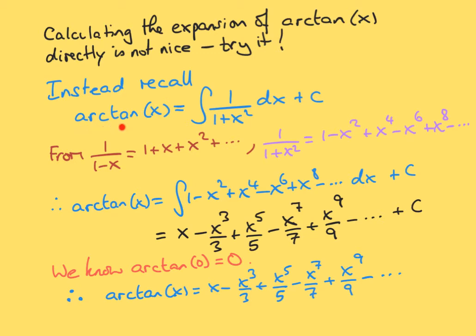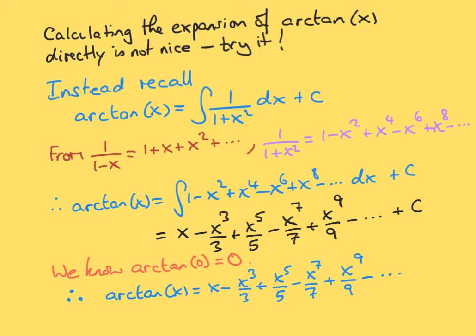In other words, if you differentiate arctangent of x, you get 1 over 1 plus x squared, the integrand here. So this is the formula that we know by heart, and all we do is everywhere we have an x, we replace it by minus x squared.